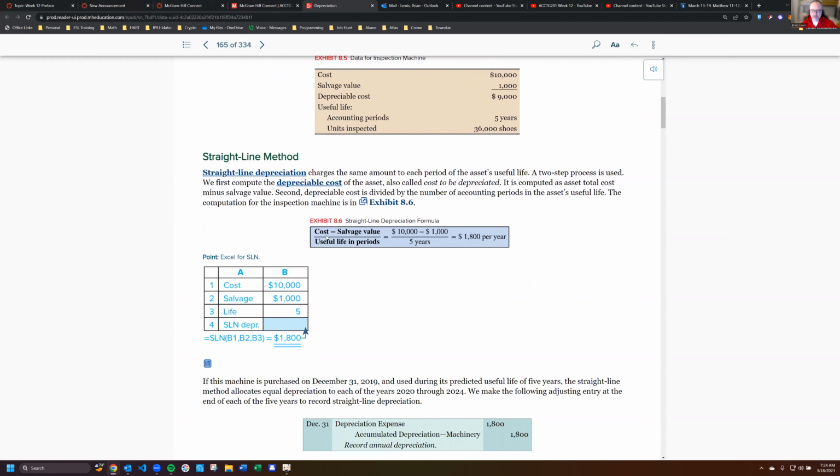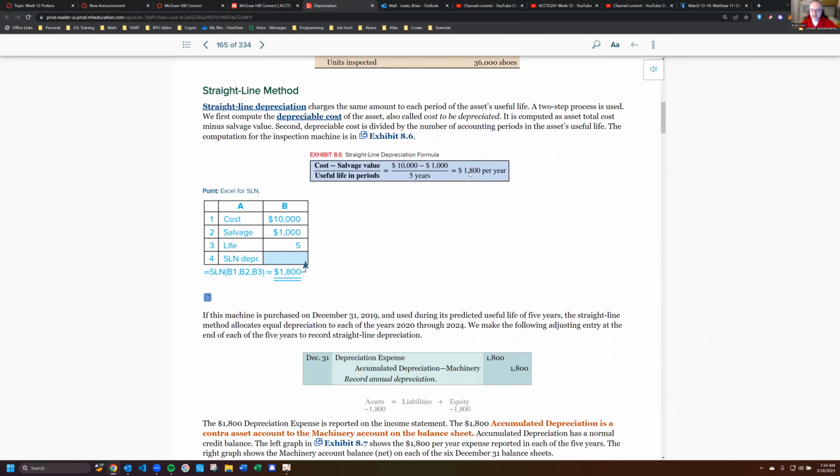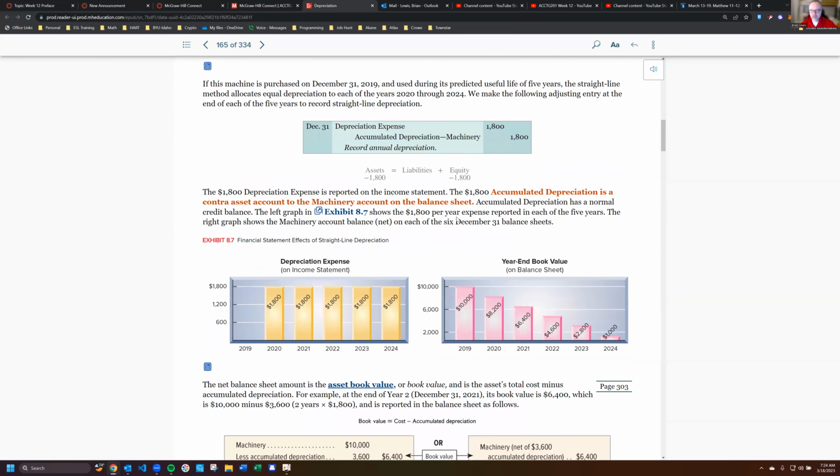Okay, so you take your cost minus your salvage value and divide it over your useful life. That gives you a depreciation that you do per year, which usually then translates into the depreciation value for a particular month, right? So 1,800 divided by 12 would be what your monthly depreciation is. Okay, so they walk you through what that journal entry looks like, a depreciation expense and accumulated depreciation.